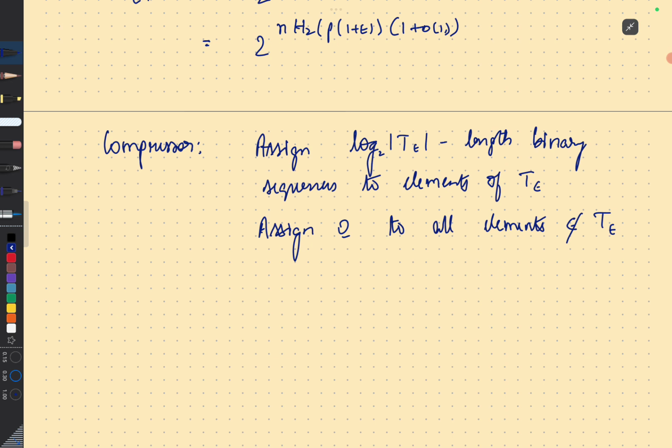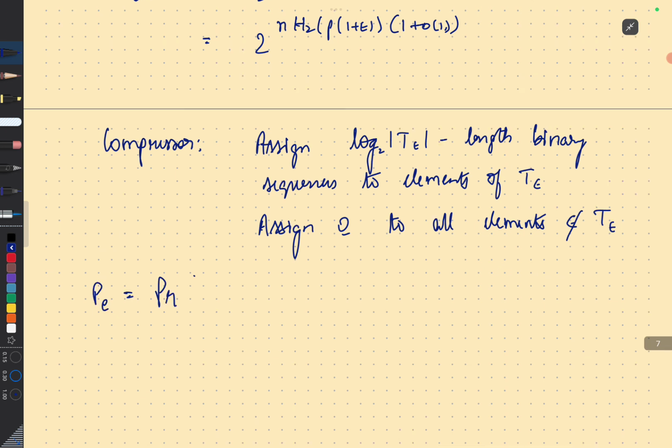All right? And since we know that, in this case, the probability of error is the probability that the source sequence is something that is not present in T epsilon, which we anyway know is upper bounded by 2 times e to the minus n p epsilon square by 3. So this goes to 0 as n tends to infinity.